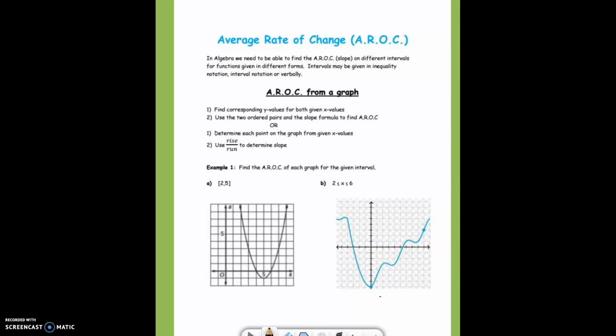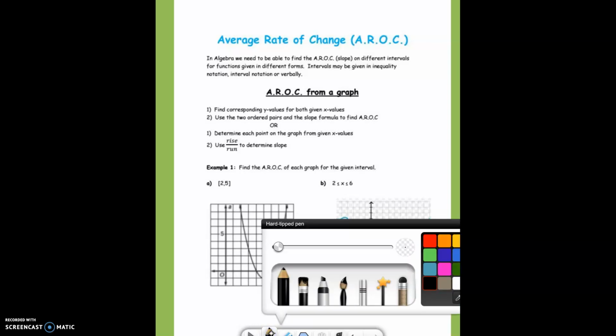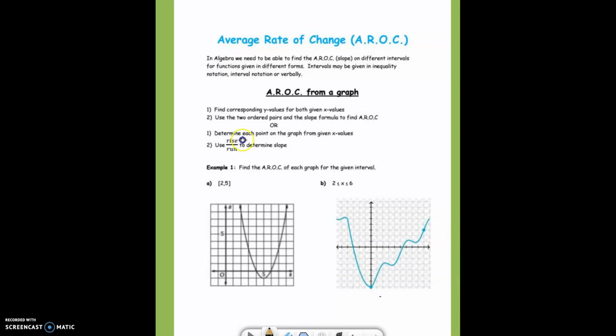But we may give it to you in different ways, such as interval notation, which you should hopefully be familiar with by now. So we can either use the slope formula, or in these two problems that we're going to look at in a second, we can actually just graph them physically and find the slope using rise over run.